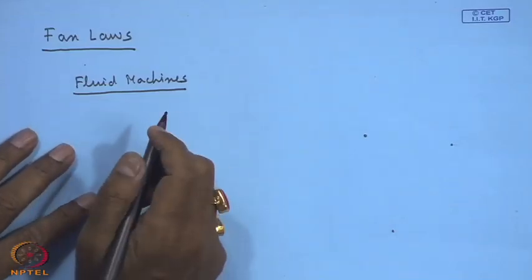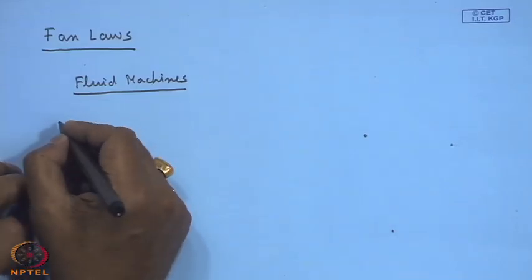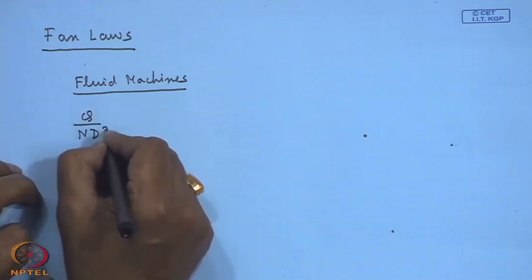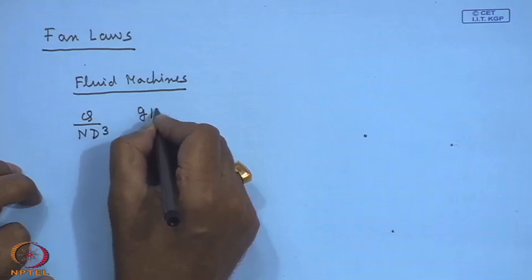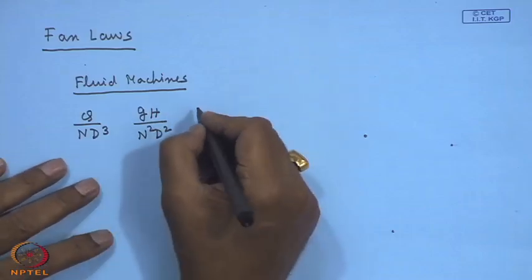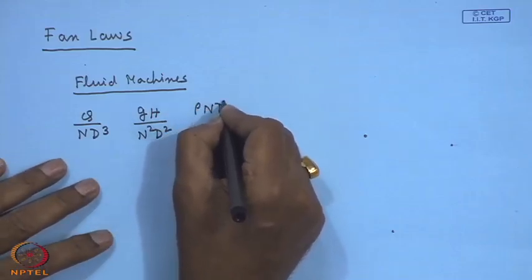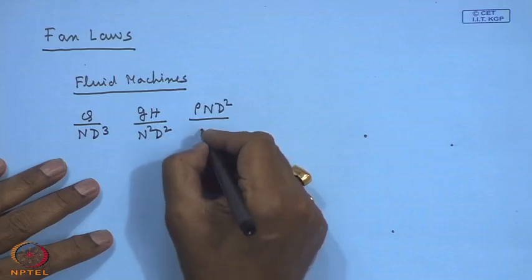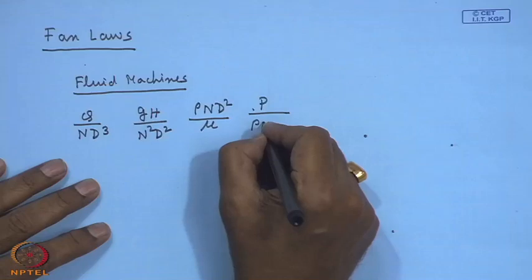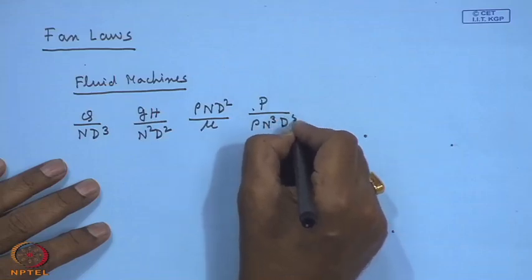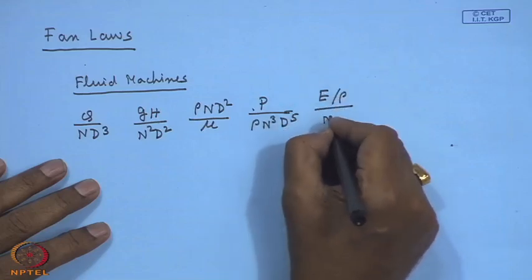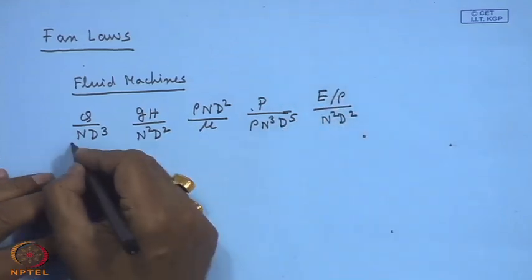If you recall my earlier lecture notes, you will find these terms are like this: Q by n d cubed, another term is gH by n square d square, another term is rho n d square by mu, another term is P by rho n cube d to the fifth, another term is E by rho divided by n square d square.